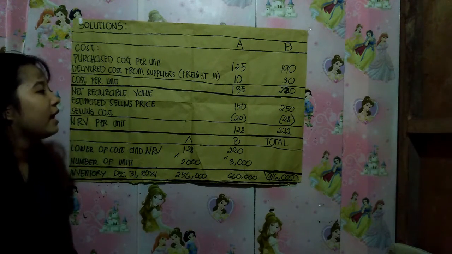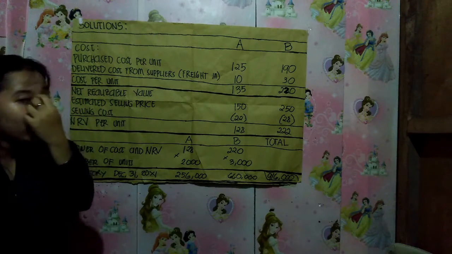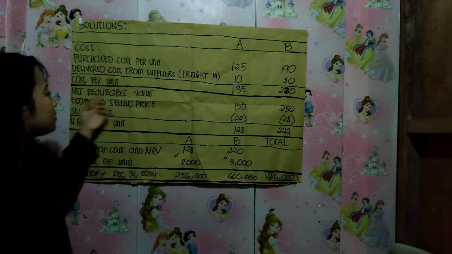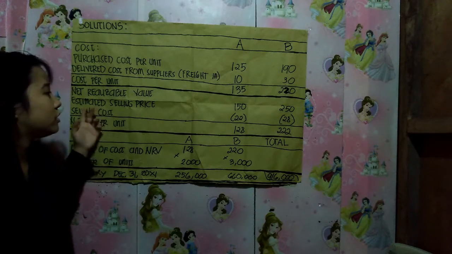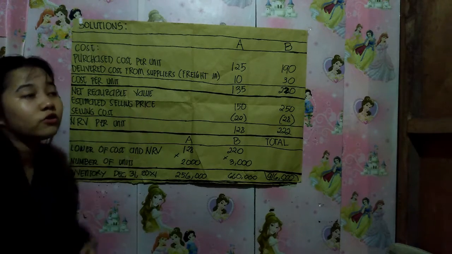To find the NRV per unit, we are going to have a net realizable value. The net realizable value is the estimated selling price less the selling cost. The estimated selling price, I think these two are also already given.